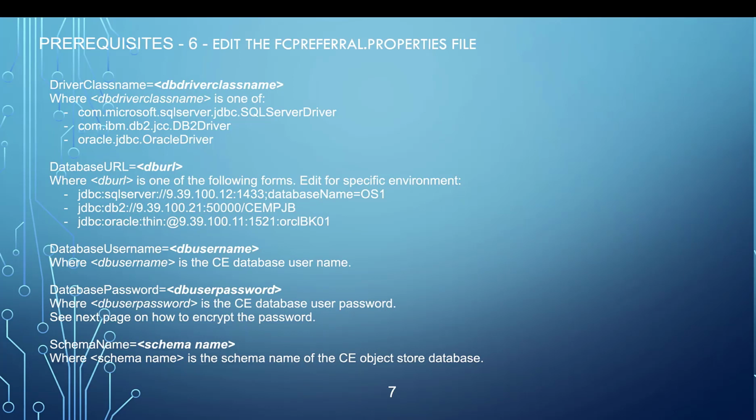When we edit the referral.properties file, some parameters need clarifying. First, driver class name. For example, if you use DB2, you can select the second one as the value for driver class name. For database URL, for DB2, you can likewise use the second one as the value.